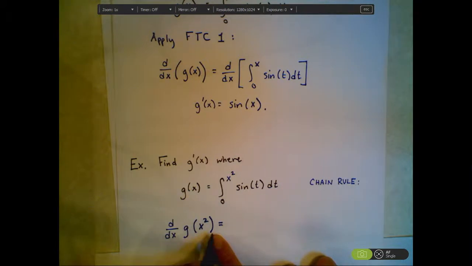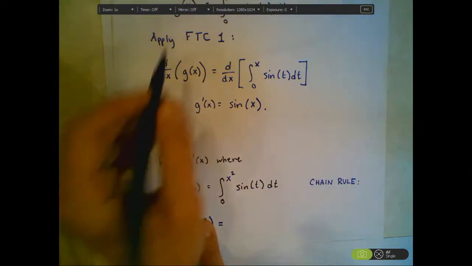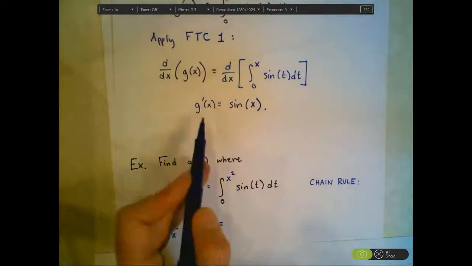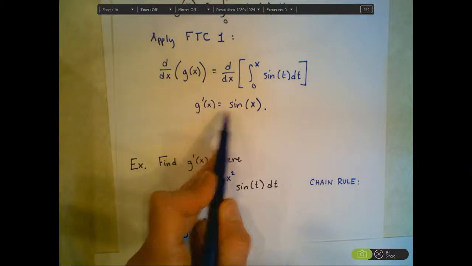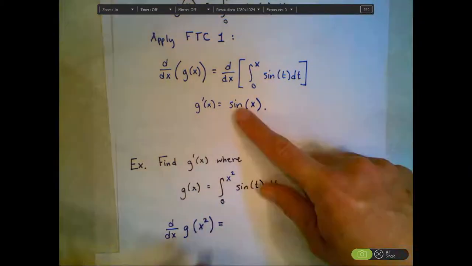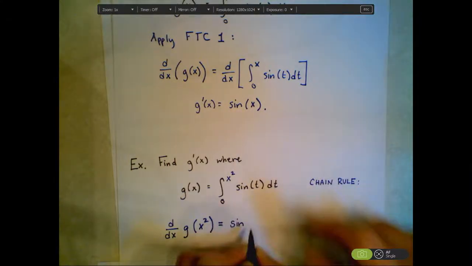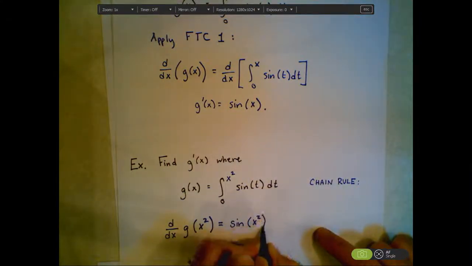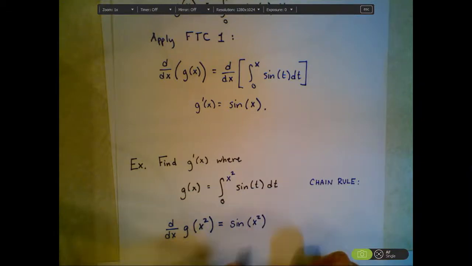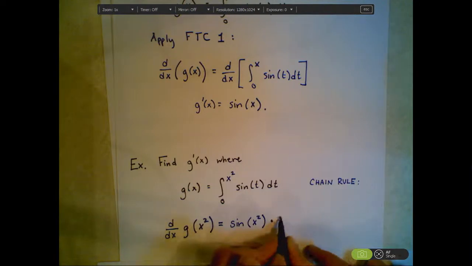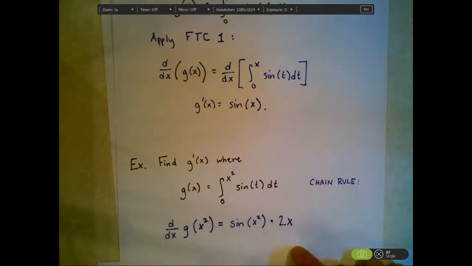The derivative of the outside function is exactly what we found above: the outside function with an x in it is just going to give us sine of, but not x. We still evaluate that value, but we're going to have to multiply it by the derivative of the inside function, which is 2x.